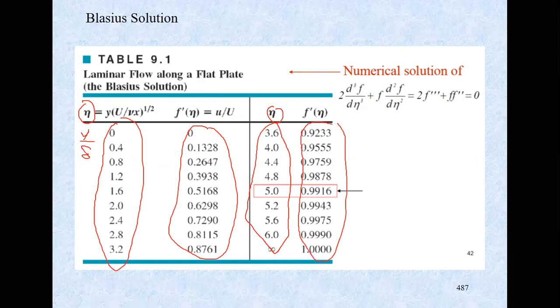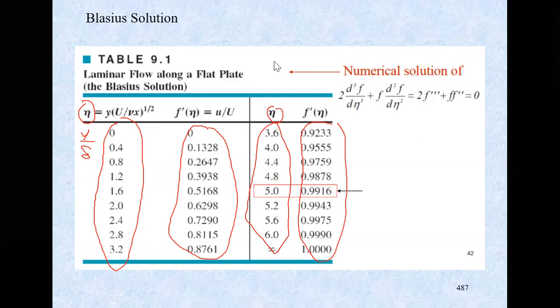So is this the solution? Well, from this table, you're able to get the velocity distribution as a function of y. So you do have u equal to the velocity profile inside the boundary layer.